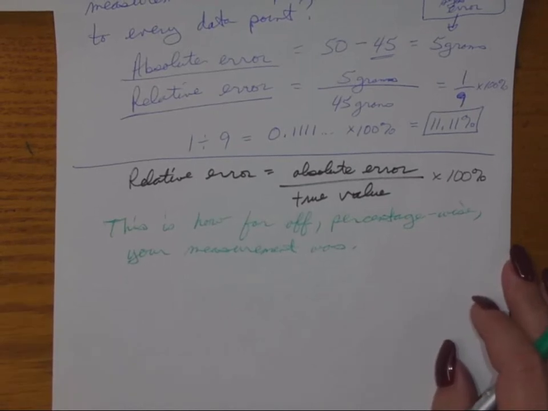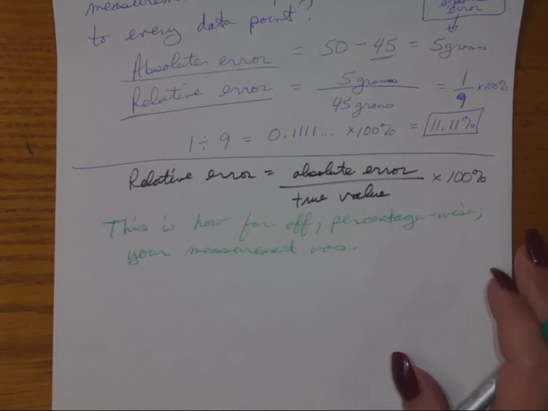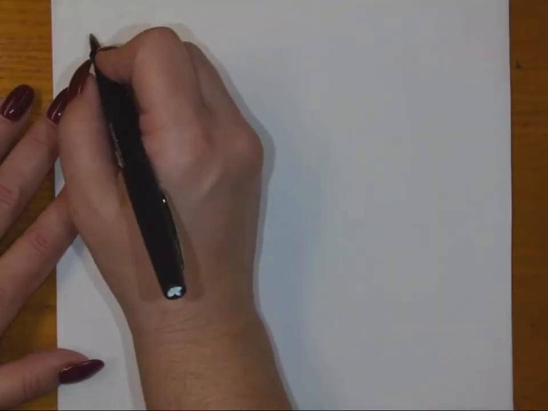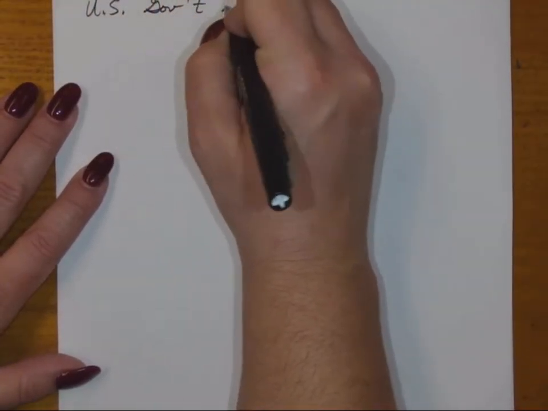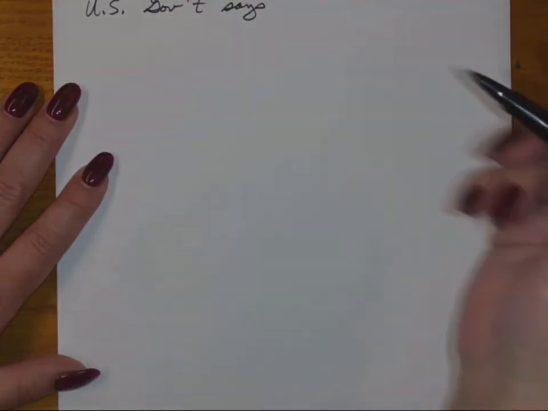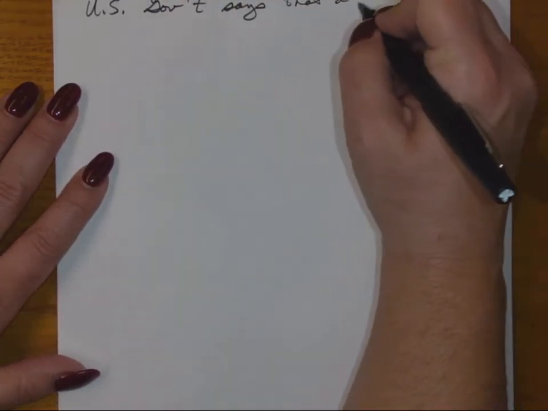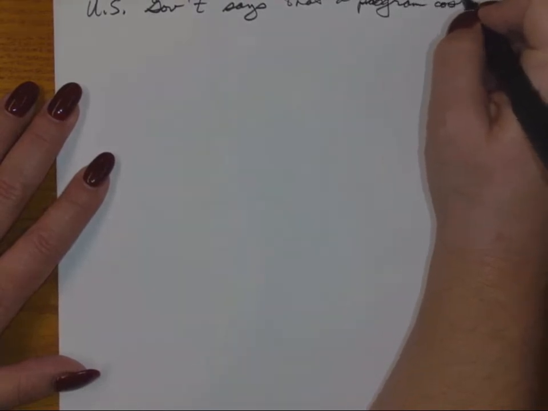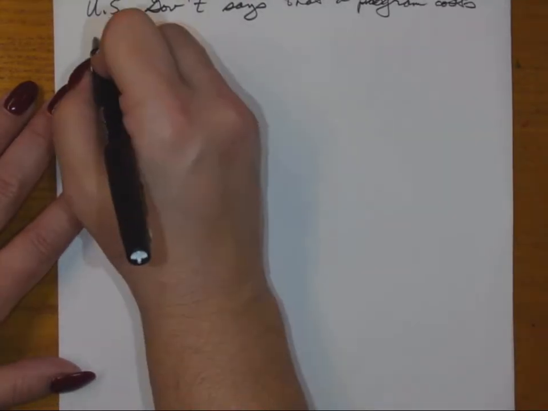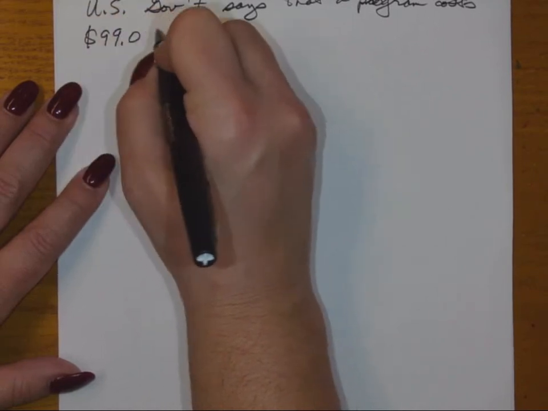Okay, so we're going to do an example that doesn't deal with tomatoes. So an example I have from one of the books that I have says the U.S. government says that a particular program costs the taxpayers $99 billion.